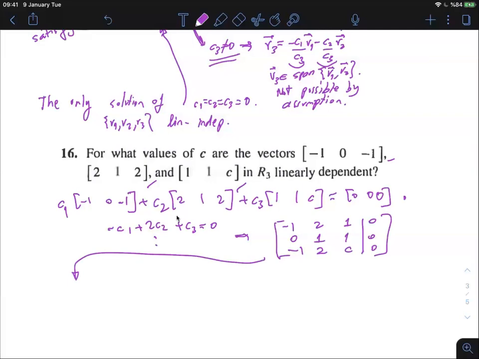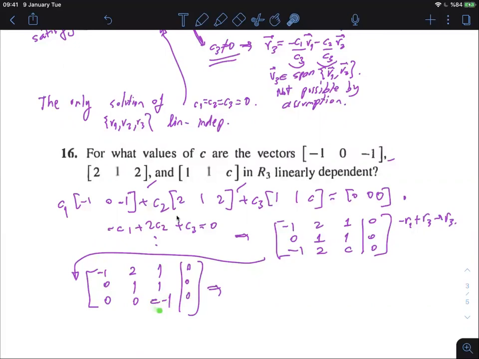How do I do that? Well, first of all, I can use this operation, minus row 1 plus row 3 to row 3. This becomes 0, this becomes 0, and this becomes C minus 1, right? Okay, now let us see what this means.